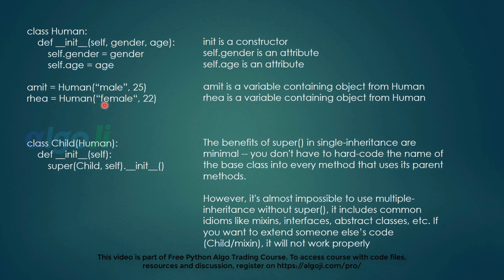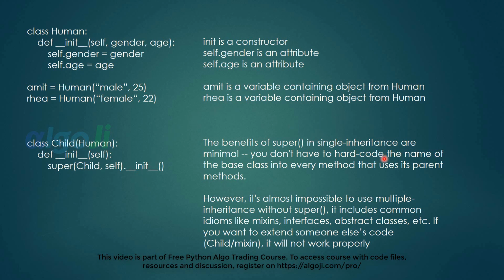Ria equal to human of female and 22. Here Amit is a variable containing an object from the human class. Ria is also a variable containing an object from the human class. When we define a child class inherited from the human class, it is useful to use the super keyword with the constructor in it.